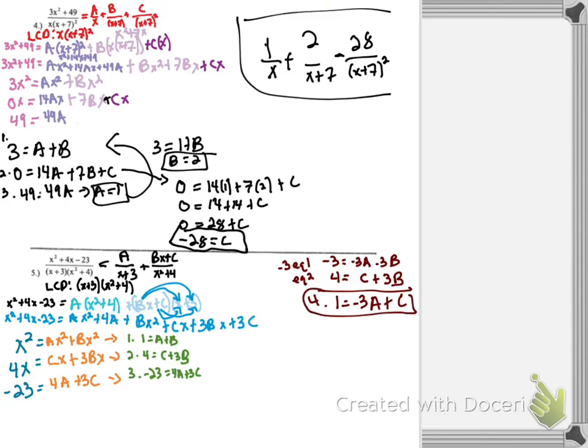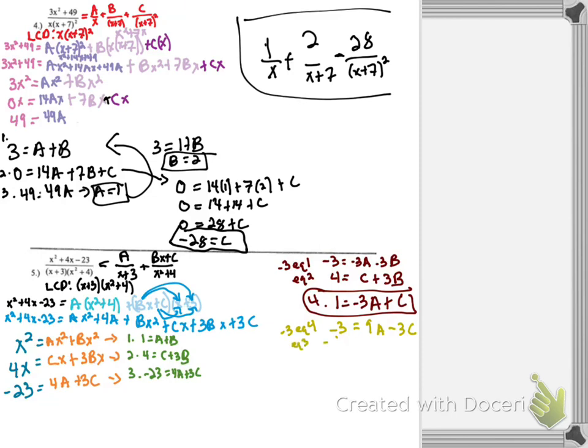Now that we have equation 4, I'm going to take equation 4 and equation 3 and try to eliminate again. So equation 4, I'm going to take negative 3 times equation 4, which will be negative 3 equals 9a minus 3c. And then we take equation 3.